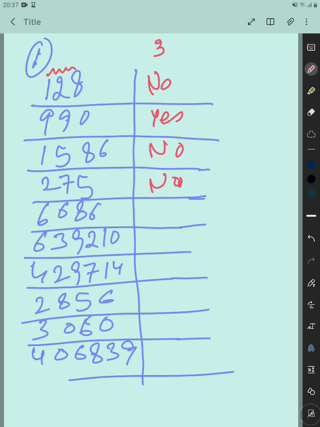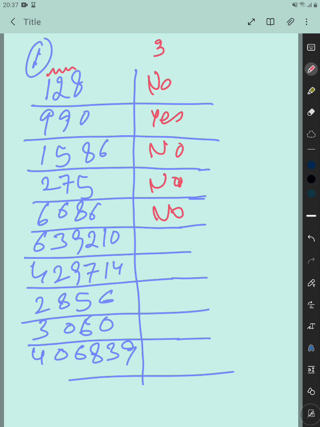Similarly 6686: 6 and 6 is 12, then 12 plus 8 is 20, and 26 is not divisible by 3, so it is no.